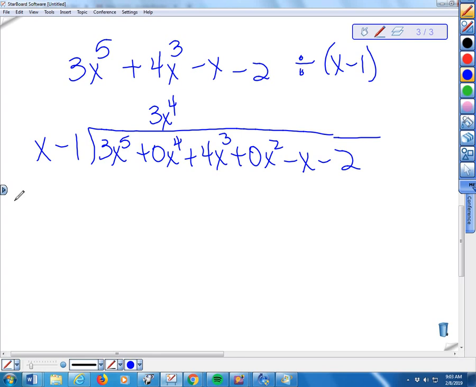So 3x to the 4th times x is 3x to the 5th. This is the first time you can check your work because it should match up. And 3x to the 4th times negative 1 is negative 3x to the 4th. Change your signs and add. So I get 3x to the 4th, and then I bring down the next term.